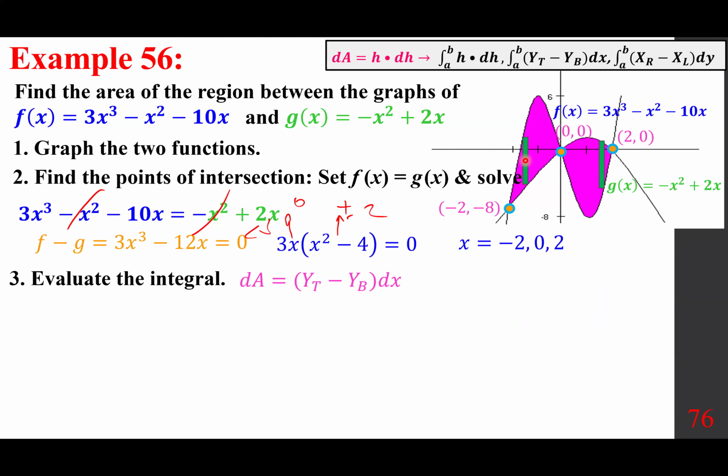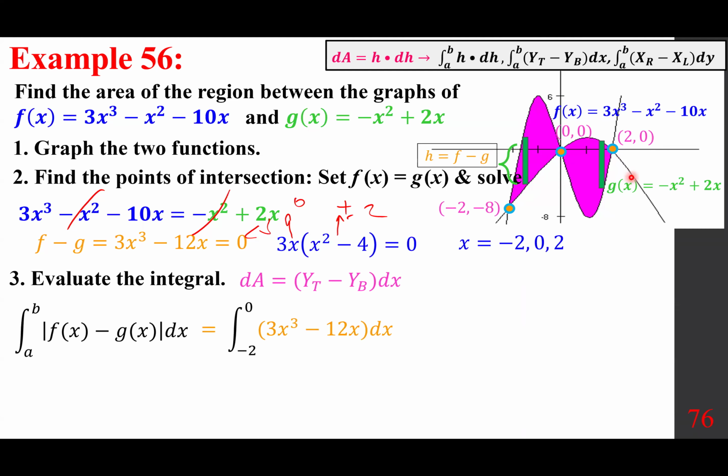So in this case, it's f minus g. In this case, it is g minus f. So this part is f minus g. So this part, from the x coordinate minus 2 to x coordinate 0, the cube function is at top.